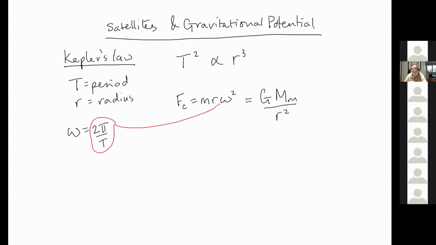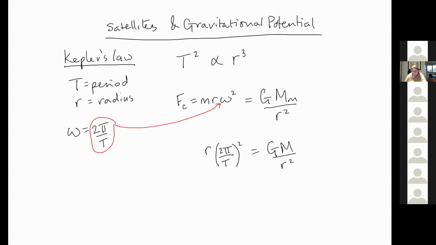So we end up with, right, the little m's cancel because it's on both sides. So I end up with r times 2 pi over T all squared is equal to G big M over r squared.